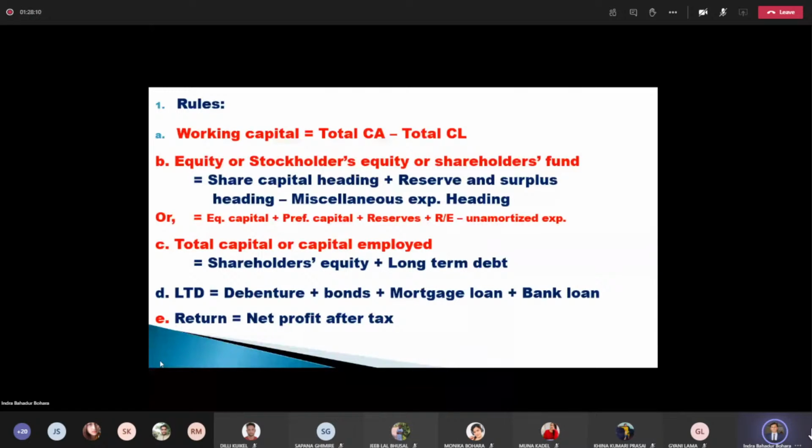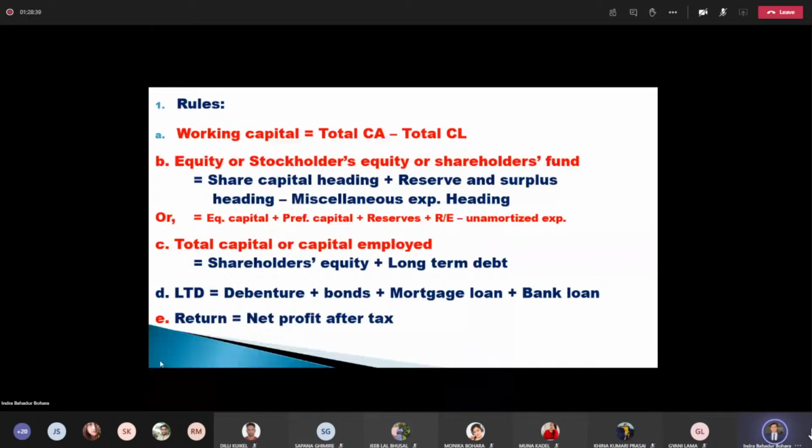There is also other capital, called earned capital, which is reserve and surplus. Some amount of profit is distributed to the shareholders as dividend, and after distribution some amount of profit remains in the company in the form of reserve and retained earnings or surplus.